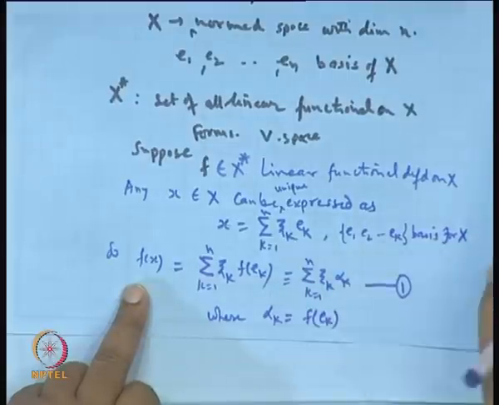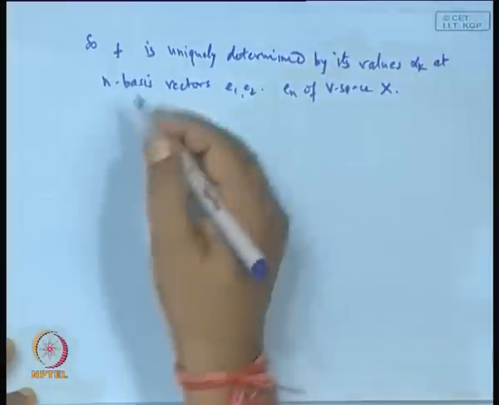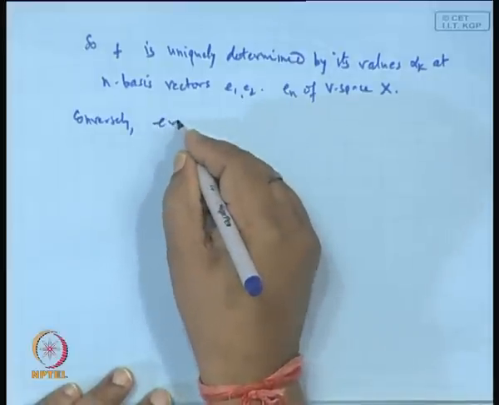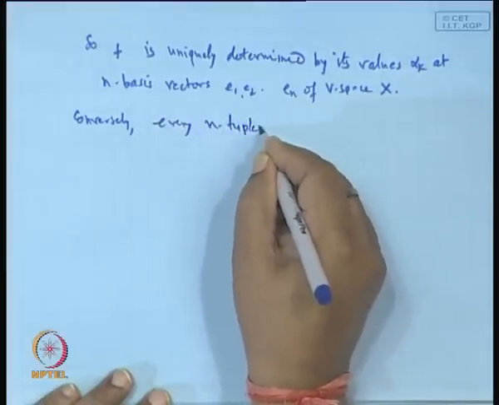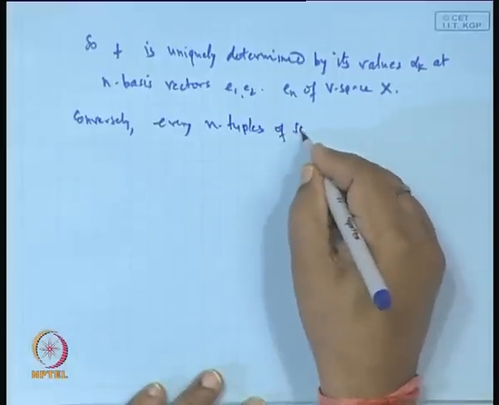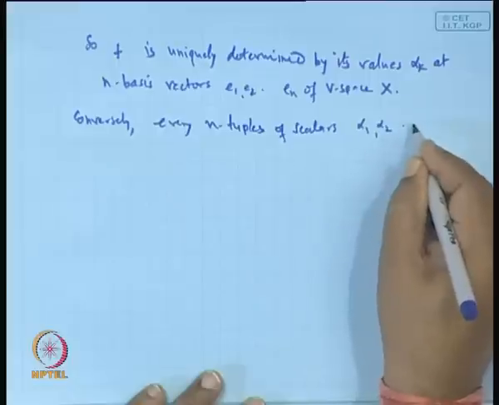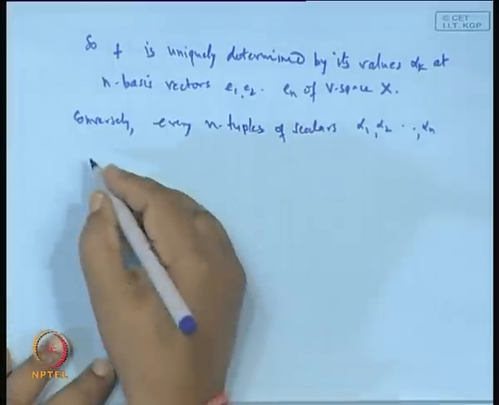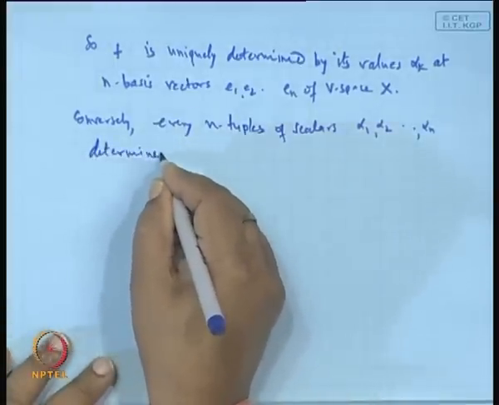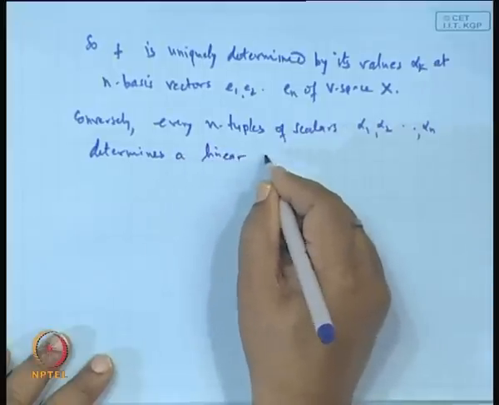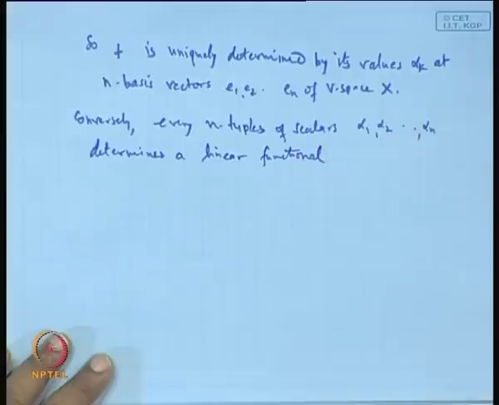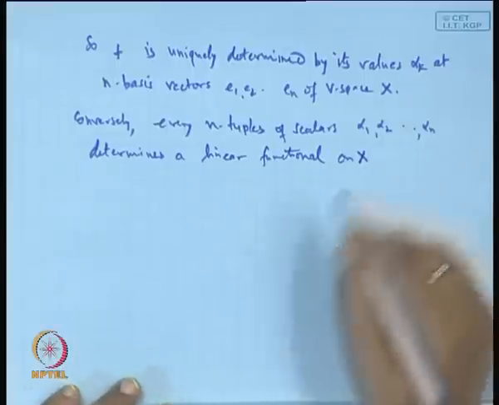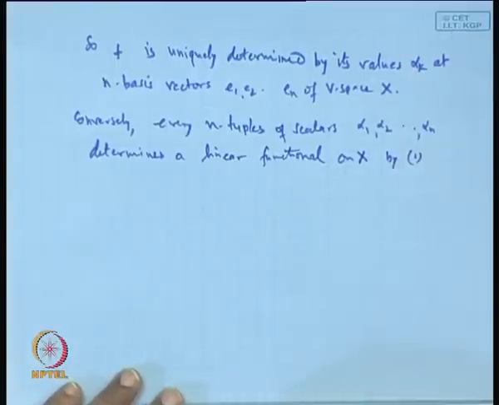So, conversely, every n-tuple of scalars alpha 1, alpha 2, ..., alpha n determines a linear functional on X by equation 1, is it not?